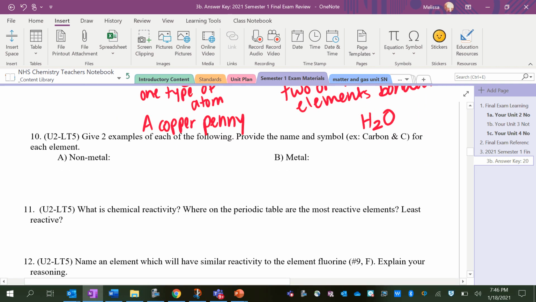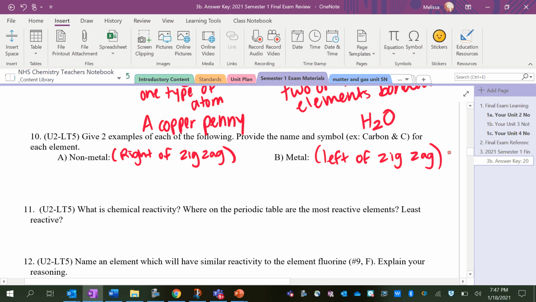Give 2 examples of each of the following. Provide the name and the symbol for each element. So we've got to give some examples of nonmetals and some examples of metals. Well, just as a little refresher, the nonmetals are to the right of the zigzag on the periodic table, and the metals are to the left of the zigzag.